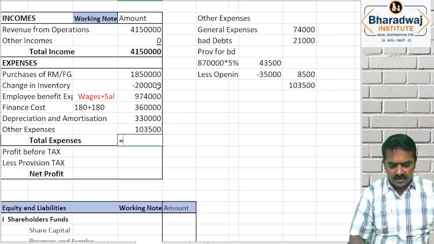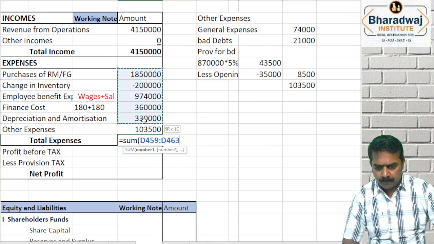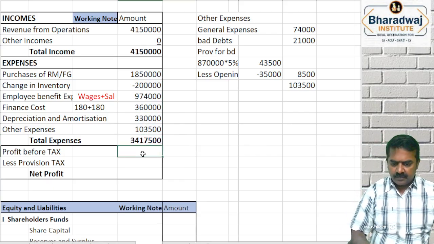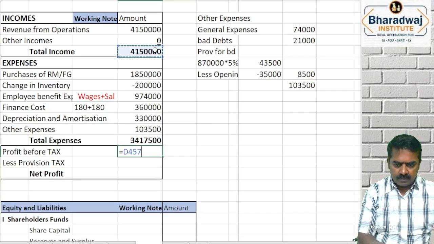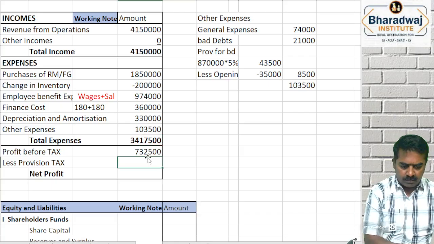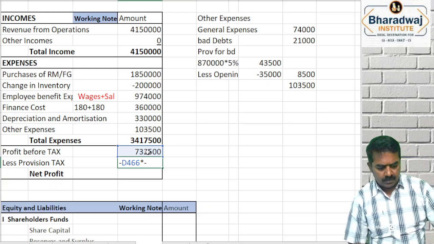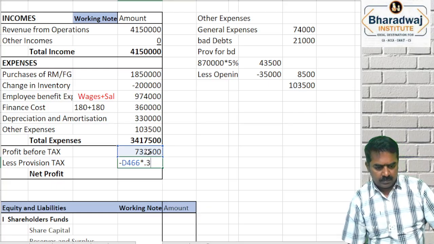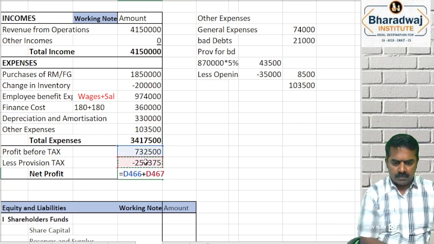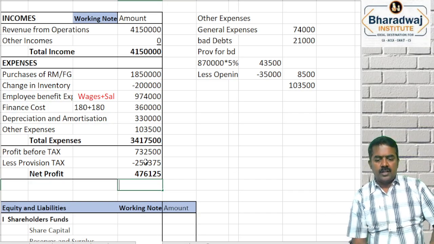Total of expenses. Is there any provision for tax given? 35%. Try to prepare the balance sheet.